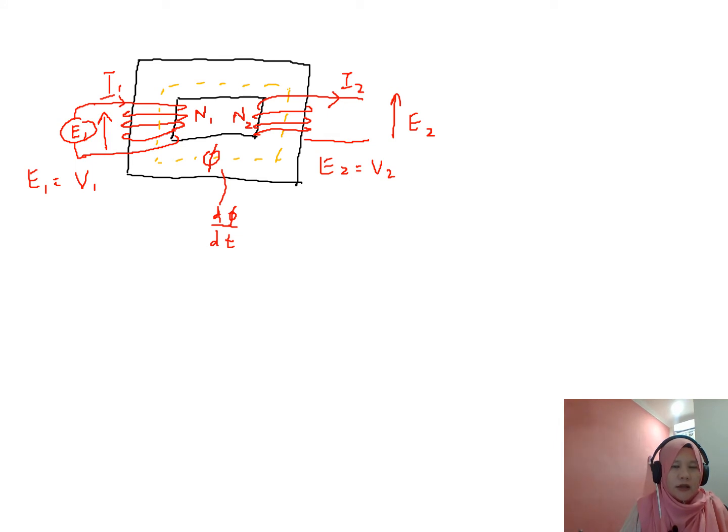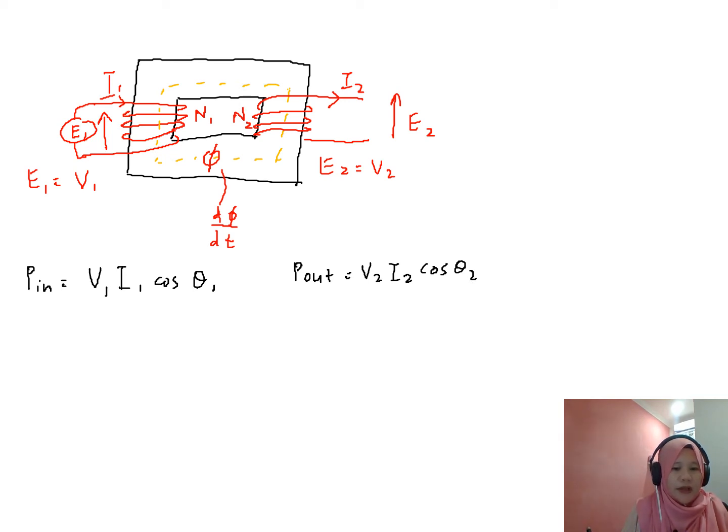Okay, and I repeat, for the power in an ideal transformer, we know that P in is equal to V1 multiplied with I1 multiplied with cos theta 1, and then at the secondary part, P out is equal to V2 multiplied with I2 multiplied with cos theta 2.